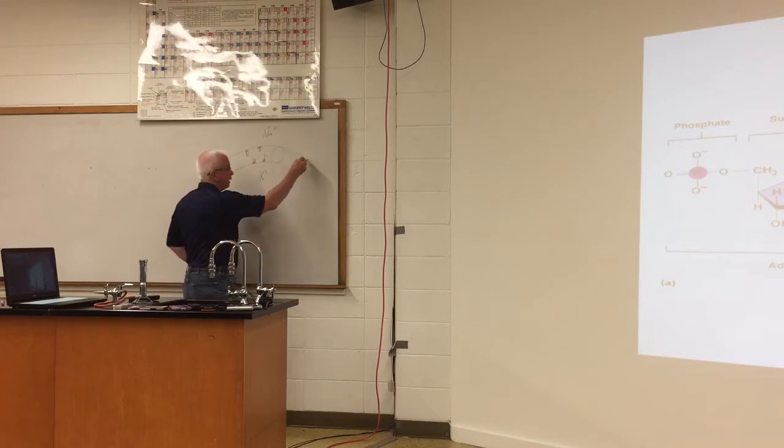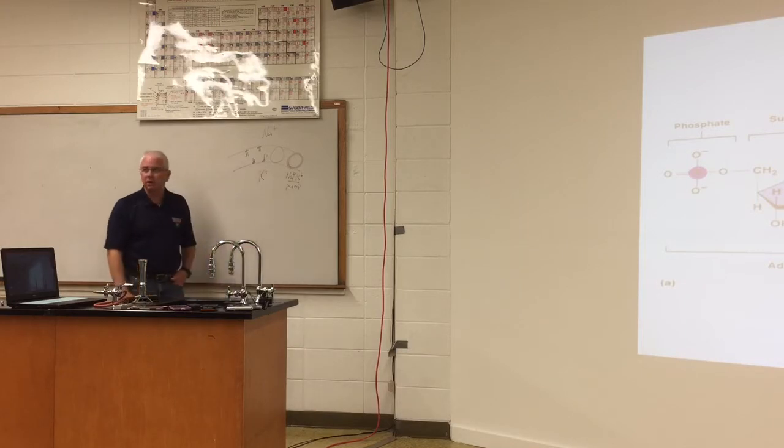This one, as it turns out, will become for us the most important protein in all of human physiology. So I should not have missed it. This is the sodium-potassium pump.